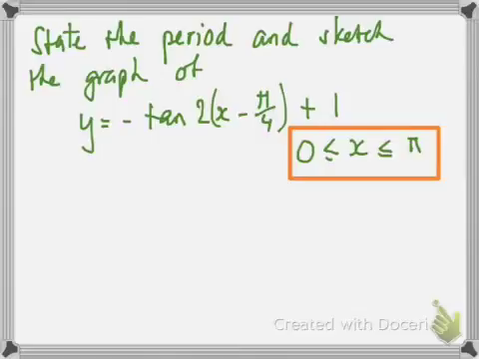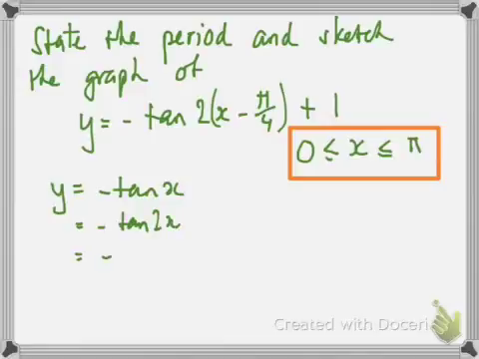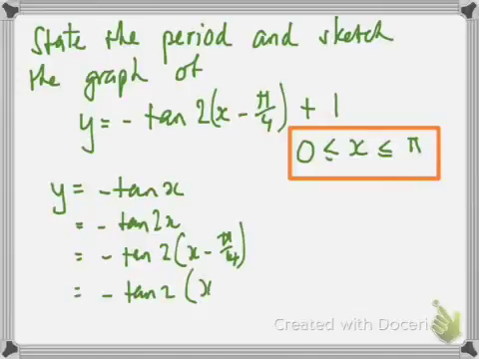You can do this in as many steps as you want, but you can start by drawing y equals negative tan x, then negative tan 2x, then negative tan 2 outside of x minus pi on 4, and then finally negative tan 2 x minus pi on 4 plus 1.